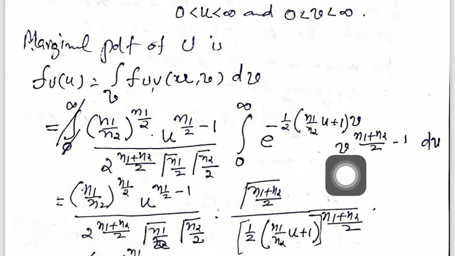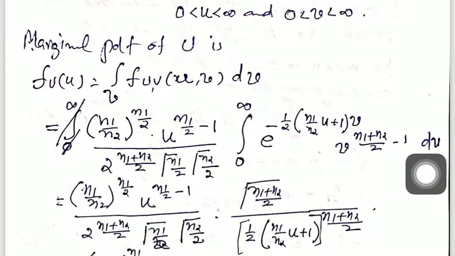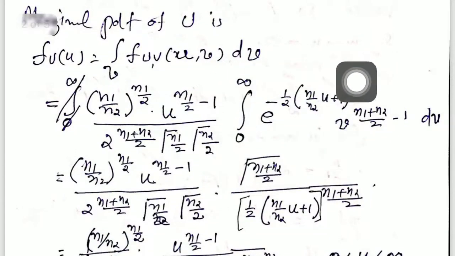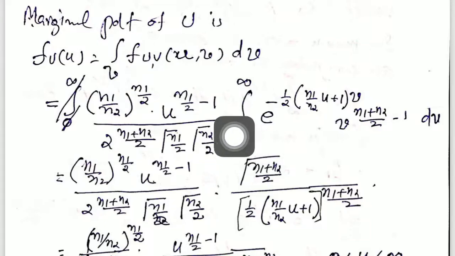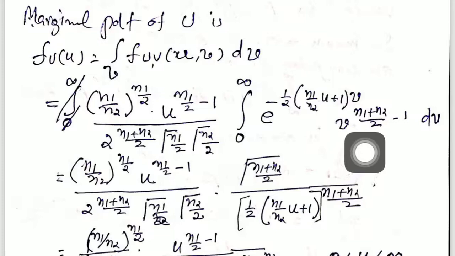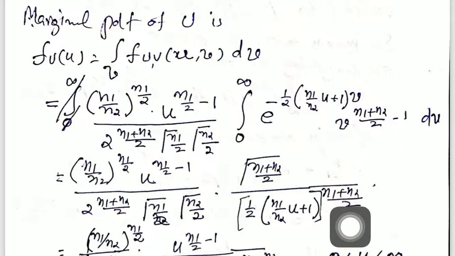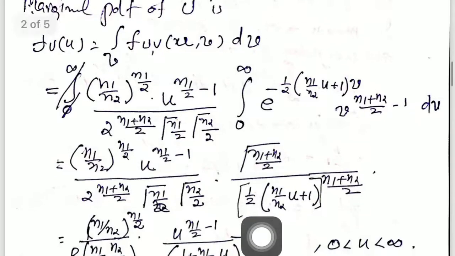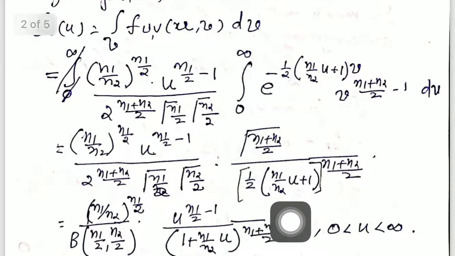Okay, and this integration is with respect to v, right? And you can see that this is a gamma integral which can be evaluated as gamma p divided by theta to the power of p, where p is equal to (n1 plus n2) by 2, and theta equal to 1 by 2 into ((n1/n2)u plus 1).